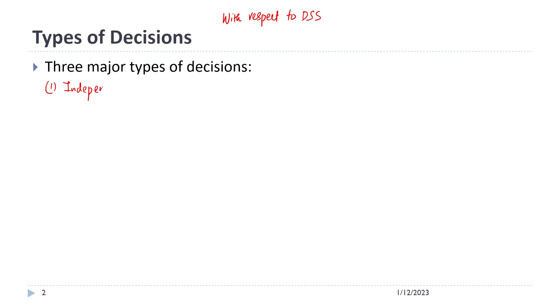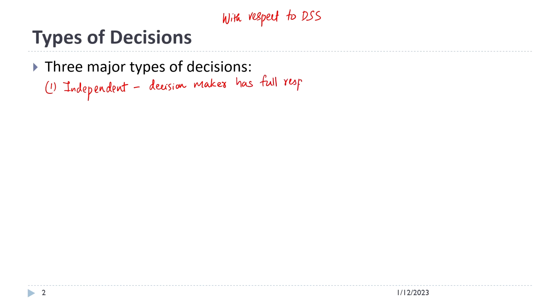I mentioned this earlier briefly, but the idea of an independent decision is that the decision maker, whether he or she, has full responsibility.